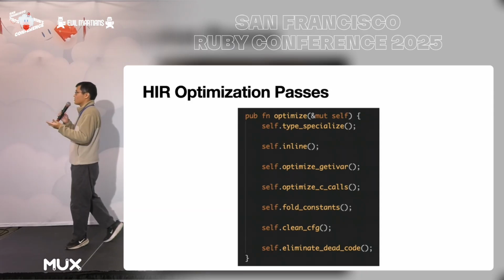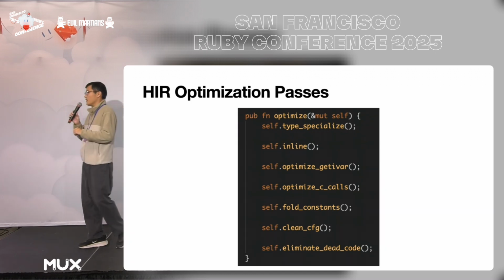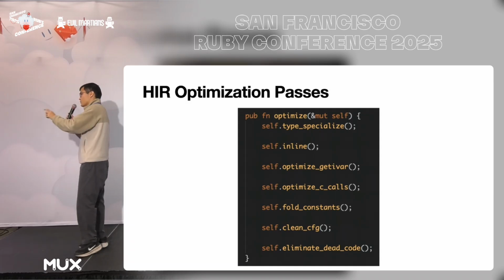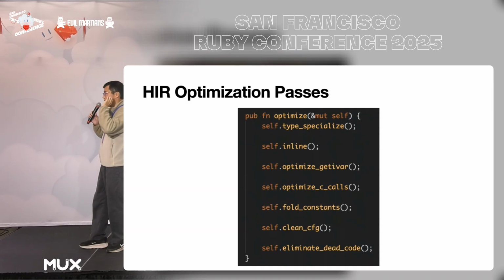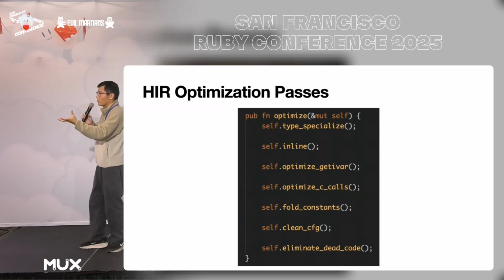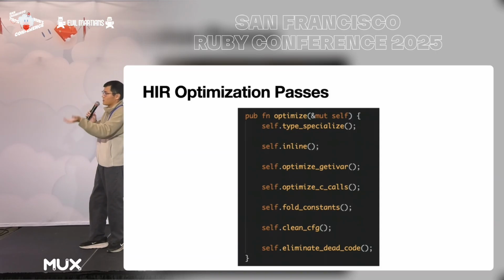And in ZJIT, we also do that kind of thing by having these HIR optimization passes. The first one is type specialization. Because we have type information provided by the profiling instructions, we populate the type information and replace, for example, a method call with the specialized method implementation, such as just a C function call, or the definition of the method.